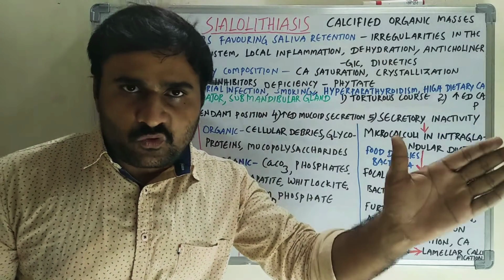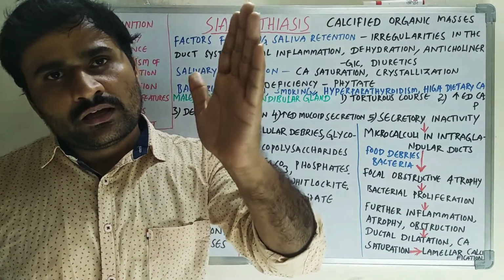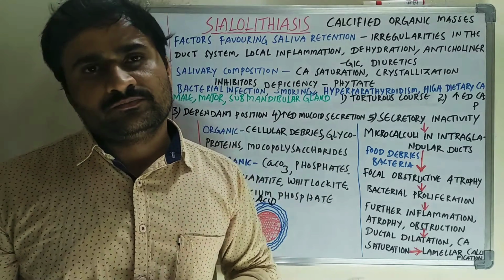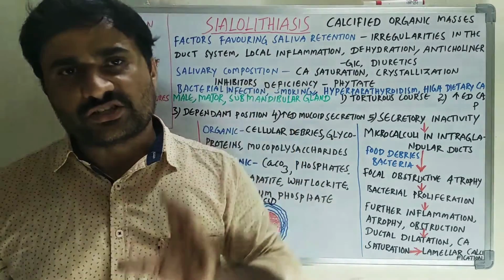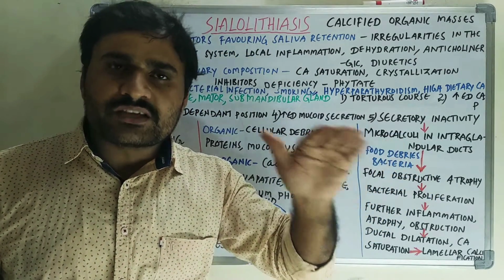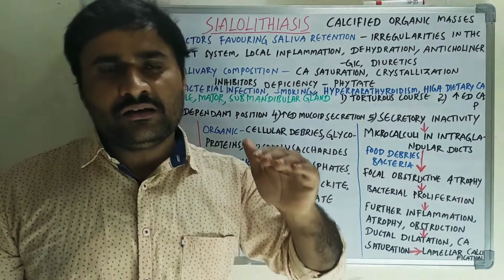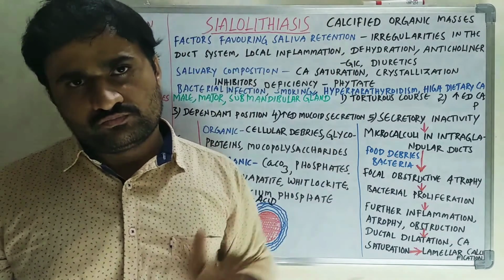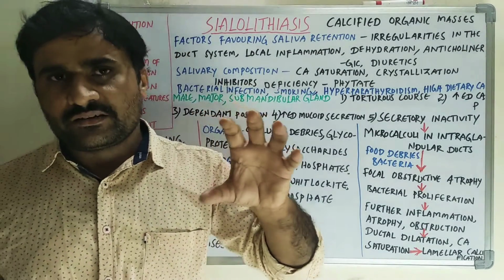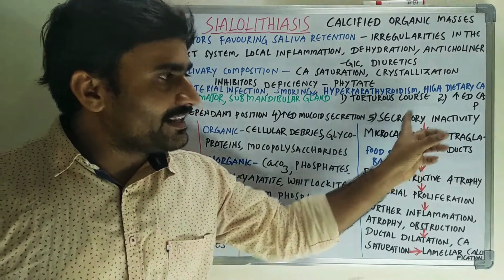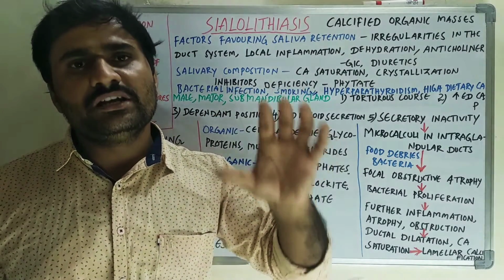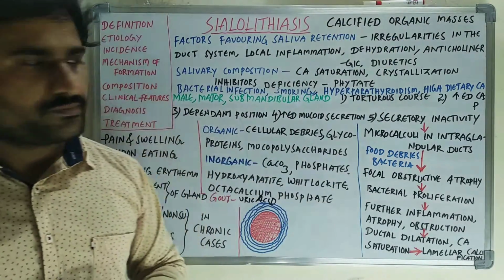So at the sight of food or smell or taste of anything, the nerves will get activated and there is salivary secretion. If there is no nerve stimulation, the salivary secretion will be minimal or none, right? Because of that, there is a period of secretory inactivity. That secretory inactivity will lead to sialolithiasis, right?